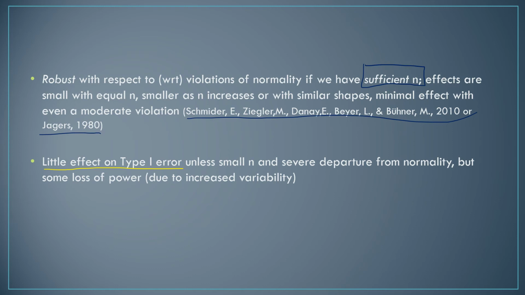And so if you have a large enough sample size, then you don't have to worry about how type 1 error is being inflated. This ensures that you're not losing so much power that you're unable to run the analysis.